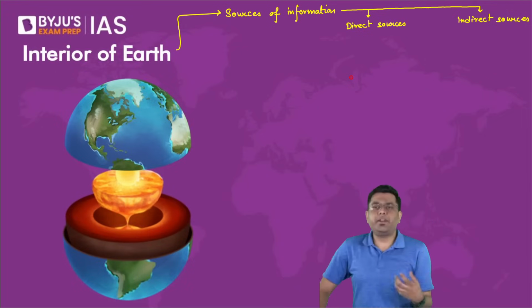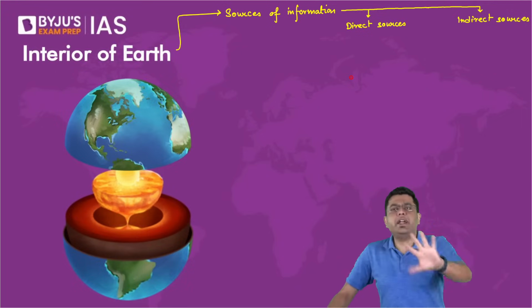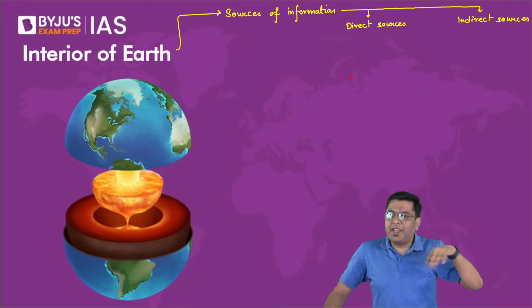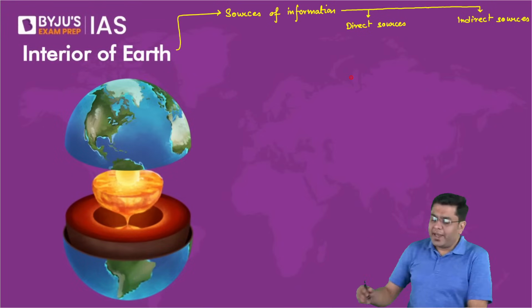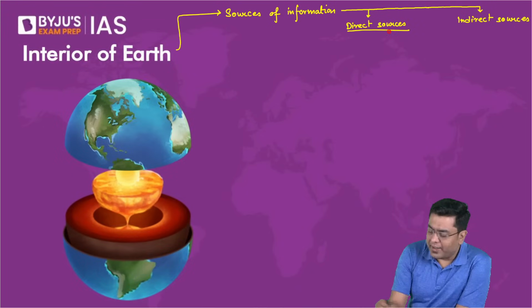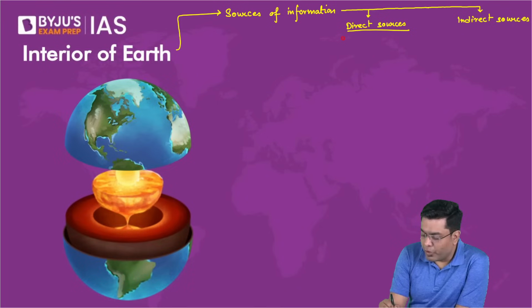And when I say direct sources, it means that first hand information is given. By that, we get the first hand idea about what is contained, right? So here, the direct sources are two. One is studying the volcanic eruptions, and secondly, digging and mining.